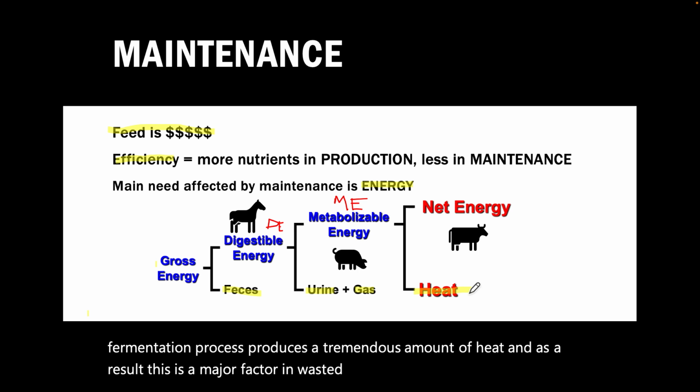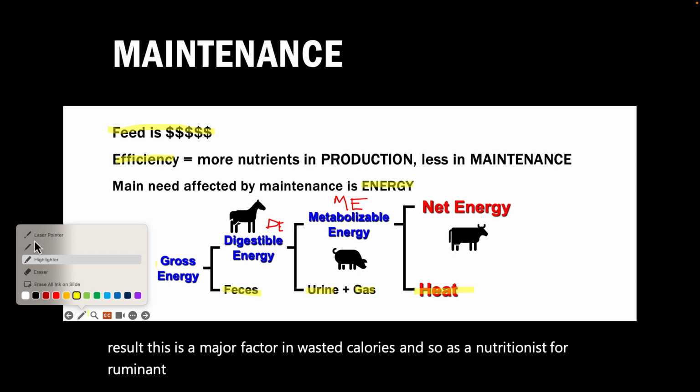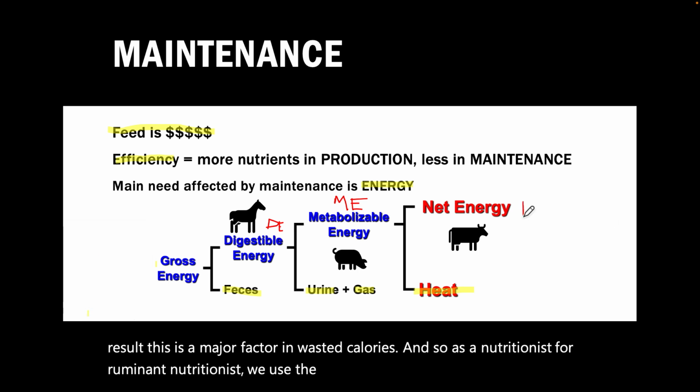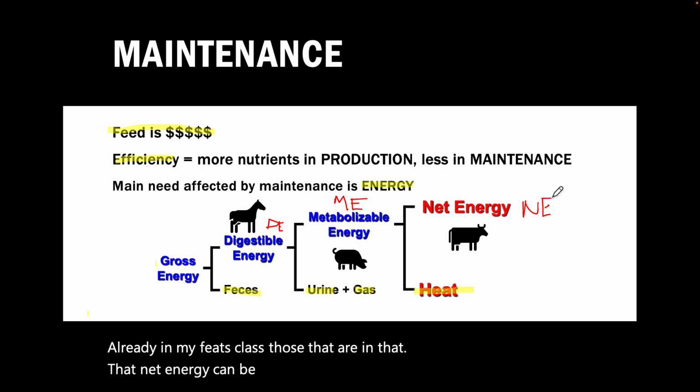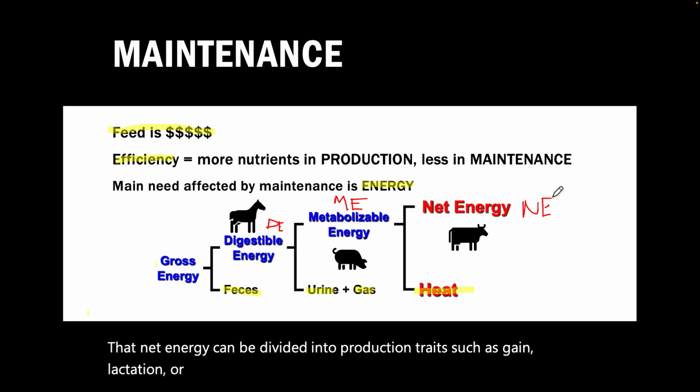And so for ruminant nutritionists, we use the net energy system, or NE. Net energy can be divided into production traits such as gain, lactation, or maintenance. And so we need to account for that net energy.